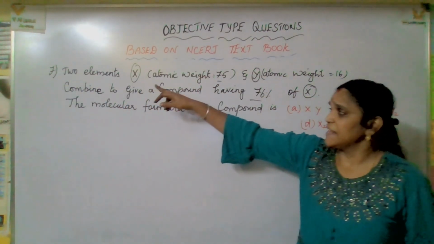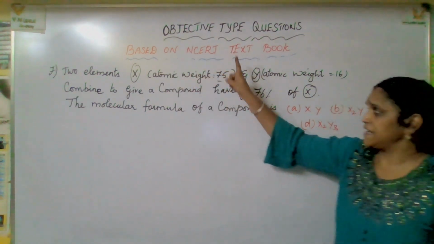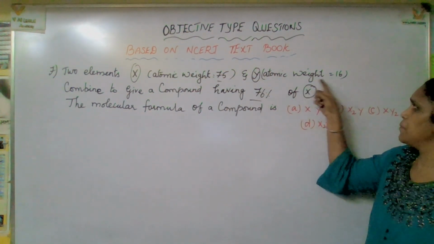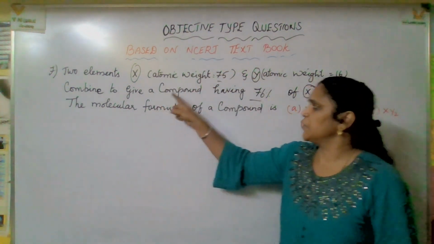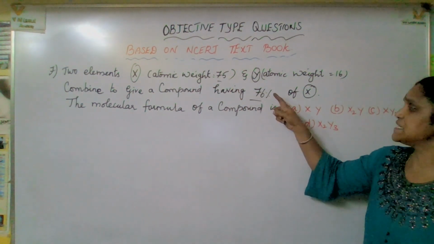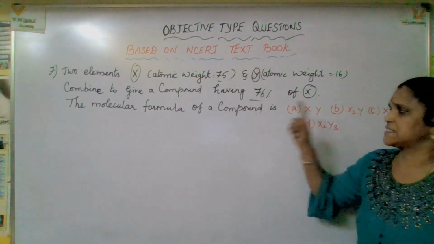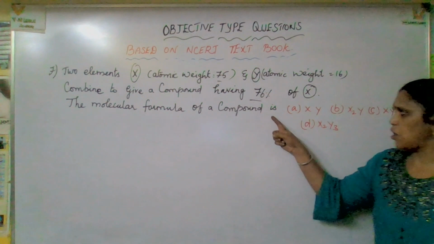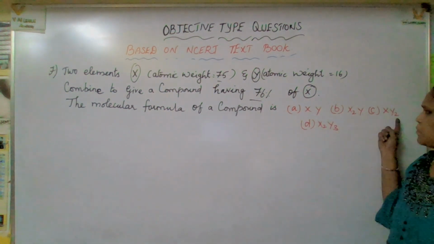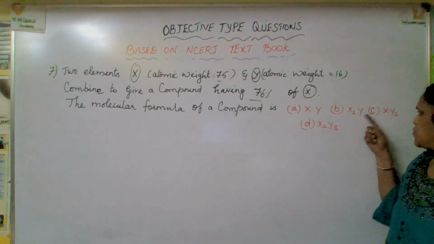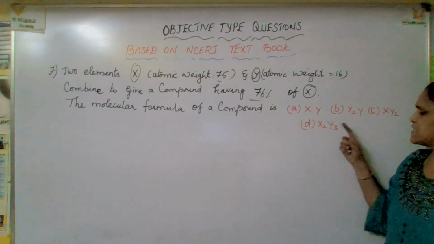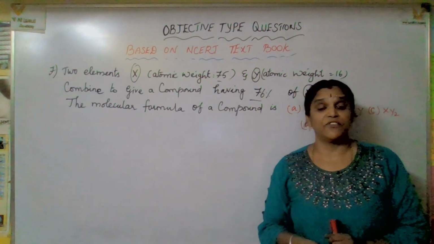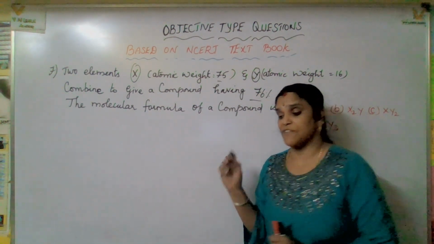The next question: the element X with atomic weight 75 and Y with atomic weight 16 combine to give a compound having 76 percentage of X. The molecular formula of the compound is, they have given the options XY, X2Y, XY2 and X2Y3. Now you have to find out the empirical formula.